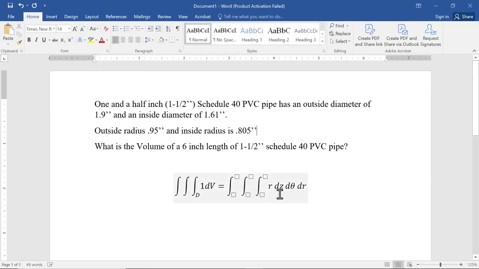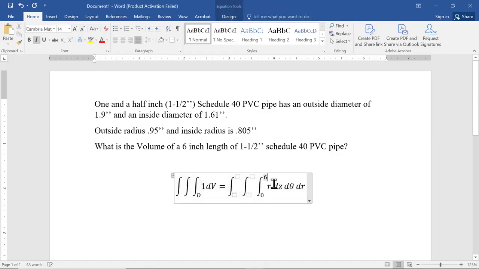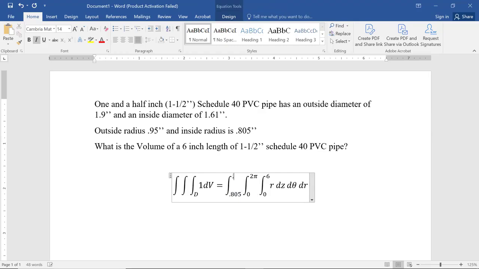So if we want to integrate with respect to z, with respect to theta, with respect to r, z is going to go from 0 to 6. Theta is going to go from 0 to 2 pi. And r is going to go from 0.805 to 0.95.